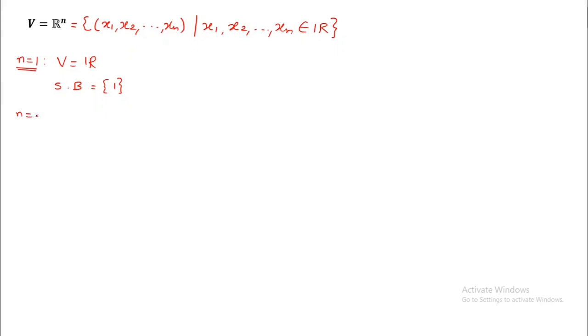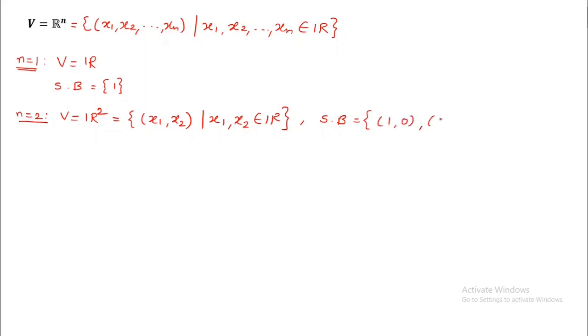For n is equal to 2, our vector space will be R2. R2, in the sense, will be the collection of only two tuples, so the set of all x1 comma x2 such that x1 comma x2 belongs to R. In this case, our standard basis will be (1, 0) comma (0, 1).